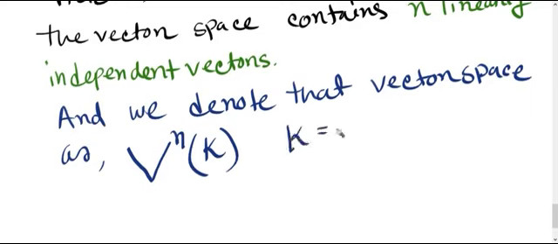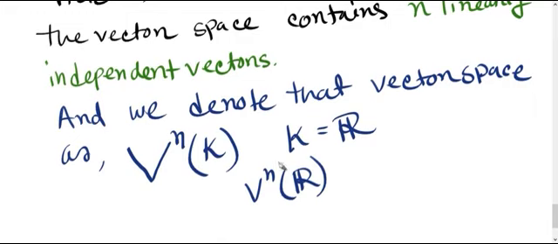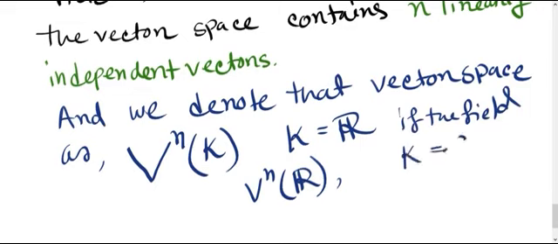If K is R, the real numbers, then we write it as V of n R, and this is a real vector space. If the field K is the field of complex numbers, we write it as V of n C. It's called a complex vector space, so the elements coming from the field are complex numbers.